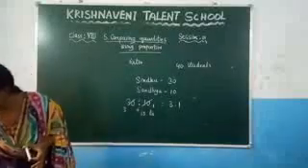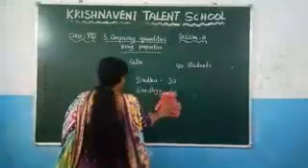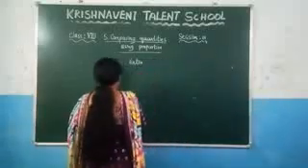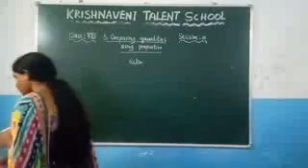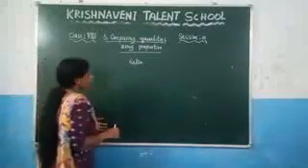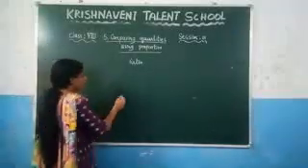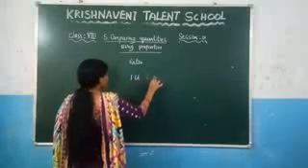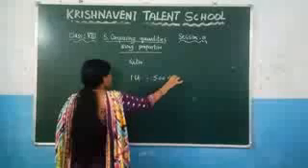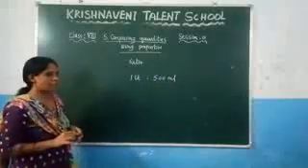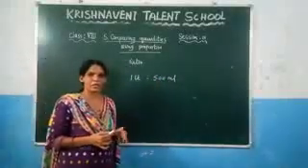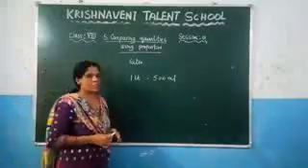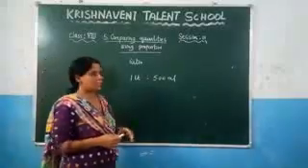Let us consider one more example. Suppose you want to find the ratio of 1 liter to 500 ml. Can we divide these two values directly? No. You need to check the units first.